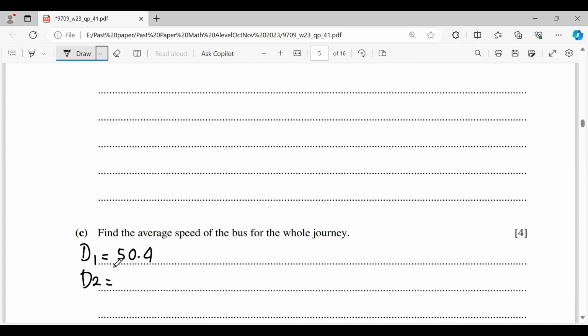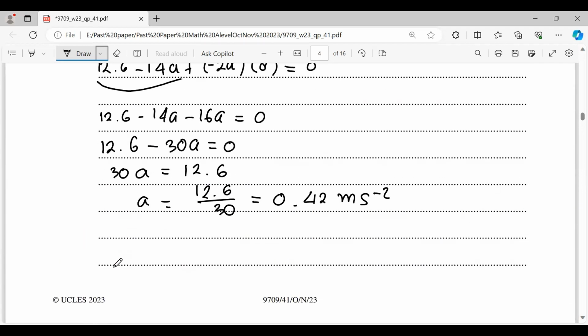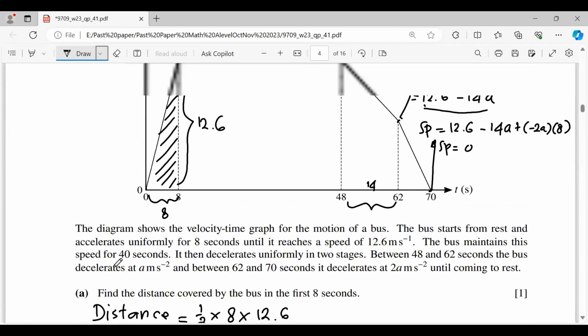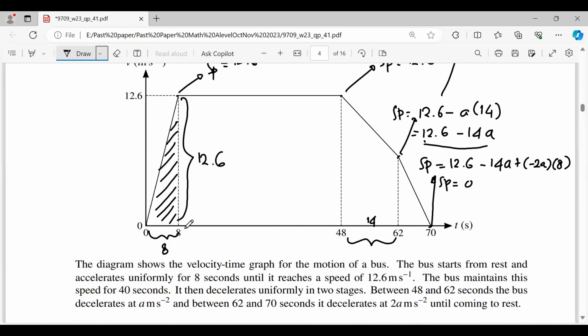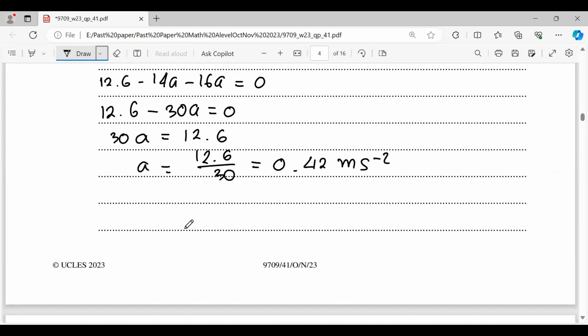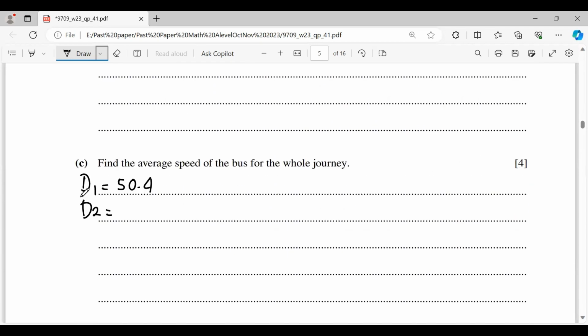The second distance is 40 times, yeah, from 8 to 48, times 12.6. How much is this? 504.